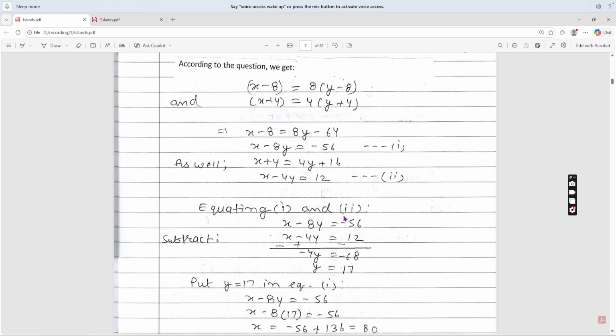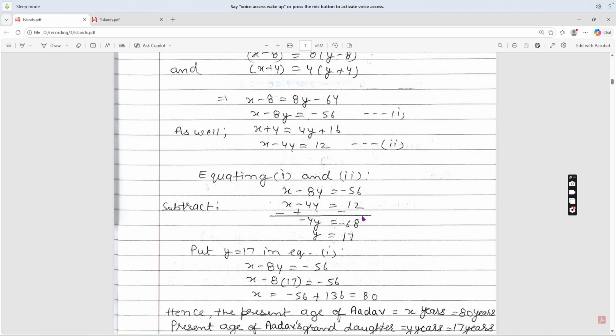Now we are going to solve it by the method of elimination. Very simply we can learn this. It is not any rocket science. It is a very simple method. Firstly, write x minus 8y is equal to minus 56, and x minus 4y is equal to 12. Now we are going to subtract because the coefficients of one variable, that is x, are both the same. When the coefficients are the same, we subtract and invert the middle sign.